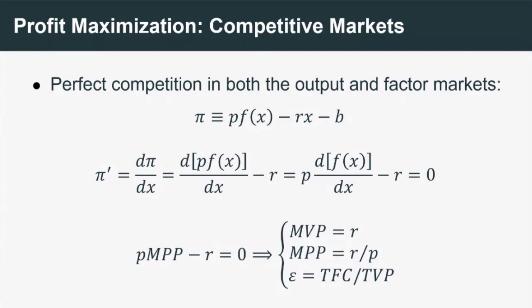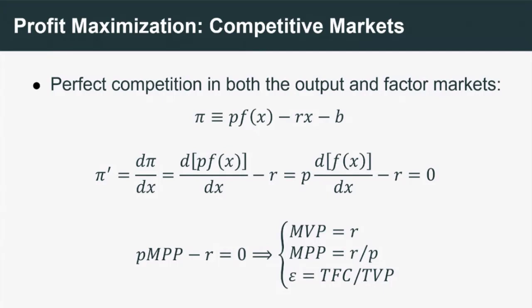And if we further assume that the output market and the factor market are both under perfect competition, then our optimality condition can get simplified.